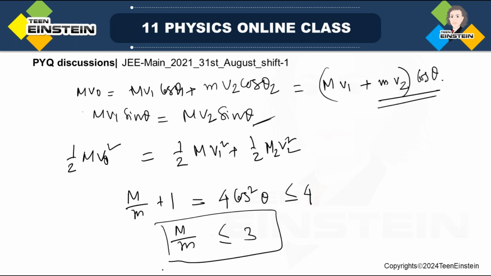So this is the ratio, the maximum possible ratio.